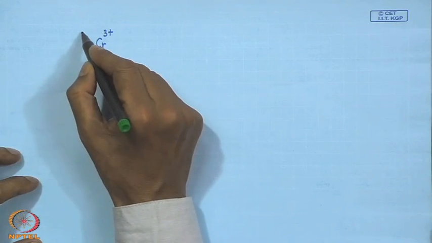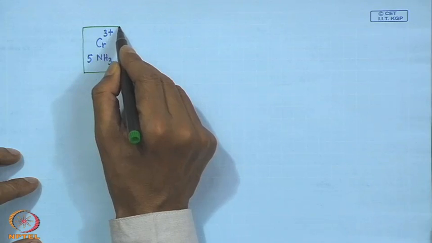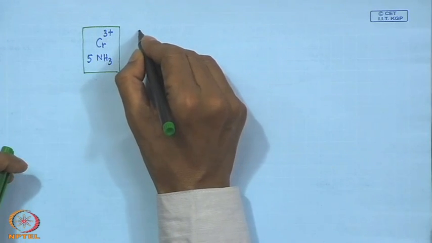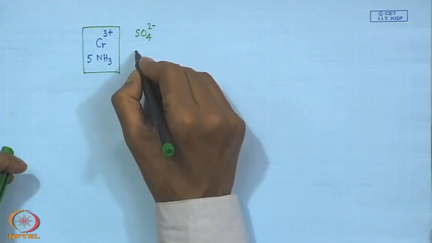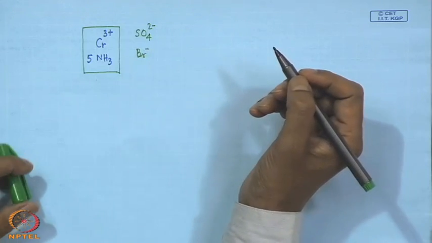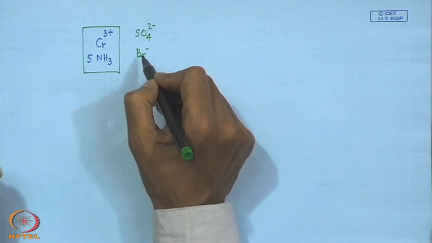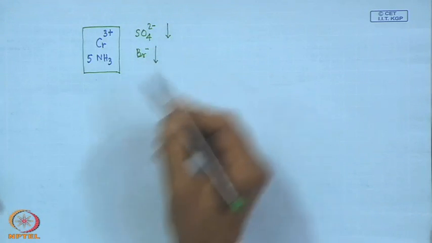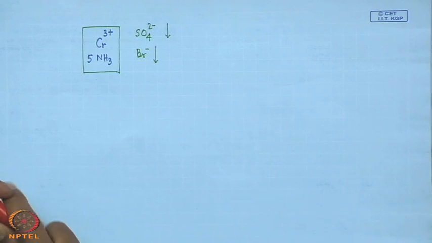So, the chromium analysis and the NH3 analysis will not change much, but what will change is the presence of SO4 2 minus and Br minus within the coordination sphere or outside the coordination sphere. If they are outside the coordination sphere, that can be very easily identified.